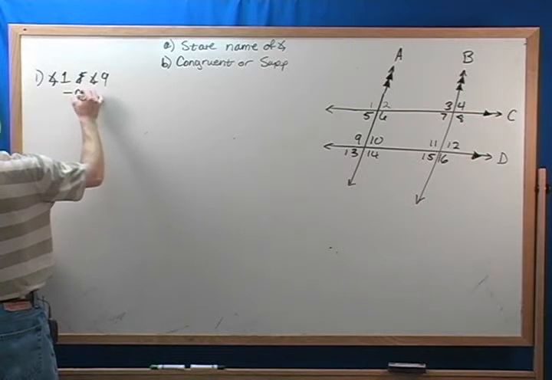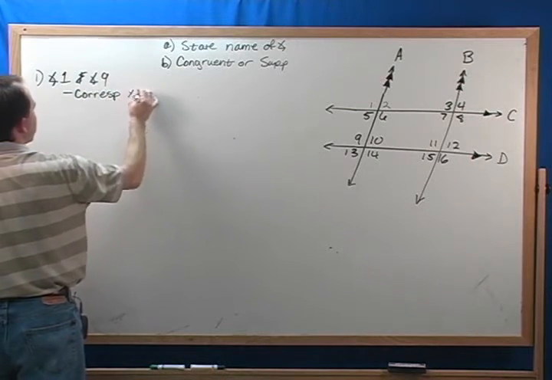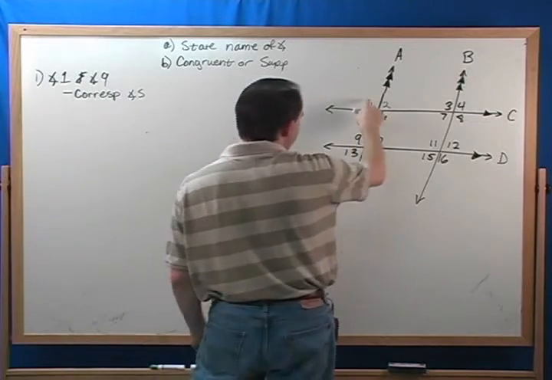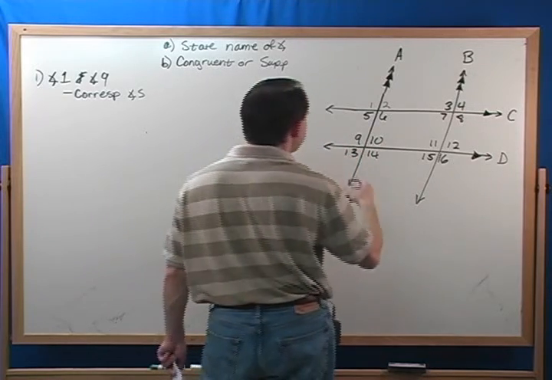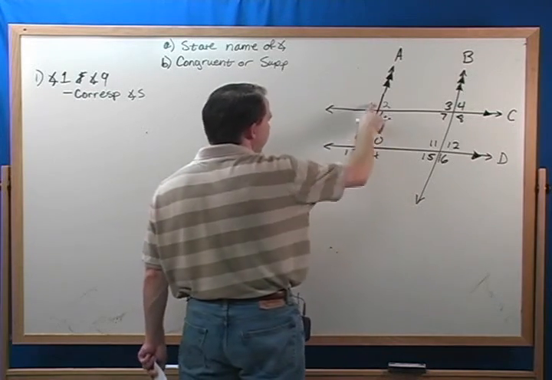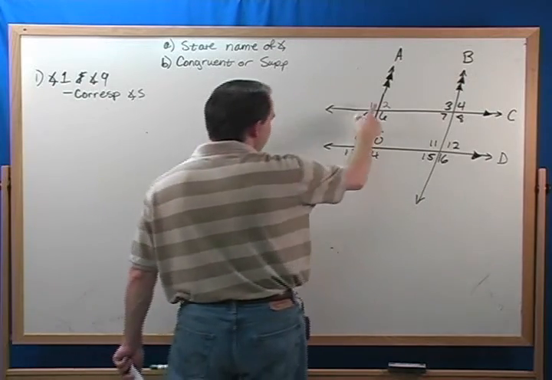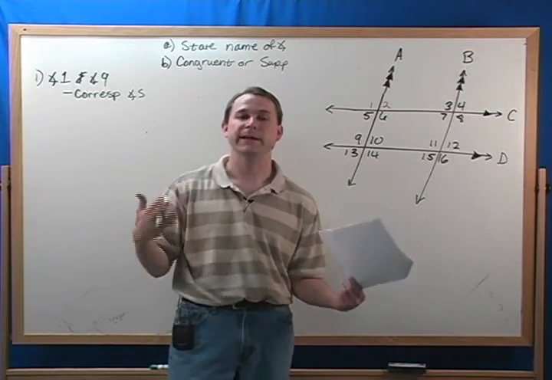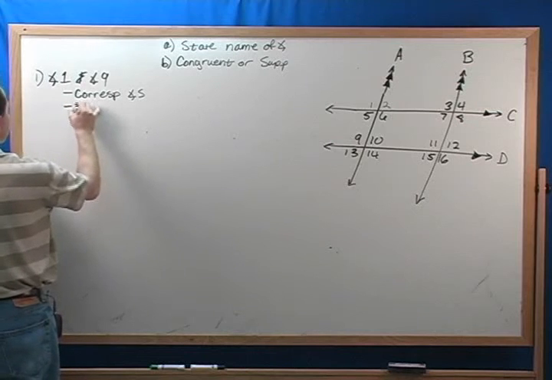So I'll put that they're corresponding angles, and I'm just abbreviating that. Now, the next question is, are they congruent or supplementary? Congruent just means are they equal, or are they supplementary, which means they add to 180? Well, you can tell right away that they are congruent, or equal, just by the way it's drawn, but you also remember from the theorem that corresponding angles are congruent, which means they're equal. So, they're congruent.